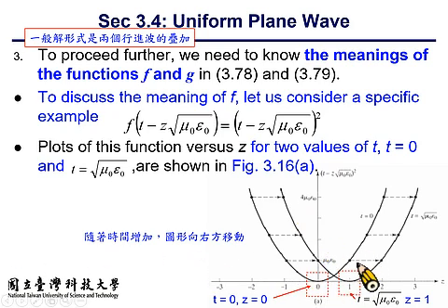On the other hand, if tau is increased to square root of mu and epsilon, then the minimum of this parabolic function is moved to 1. So as time progresses, the dip, the minimum of this parabolic function will move further to the right.